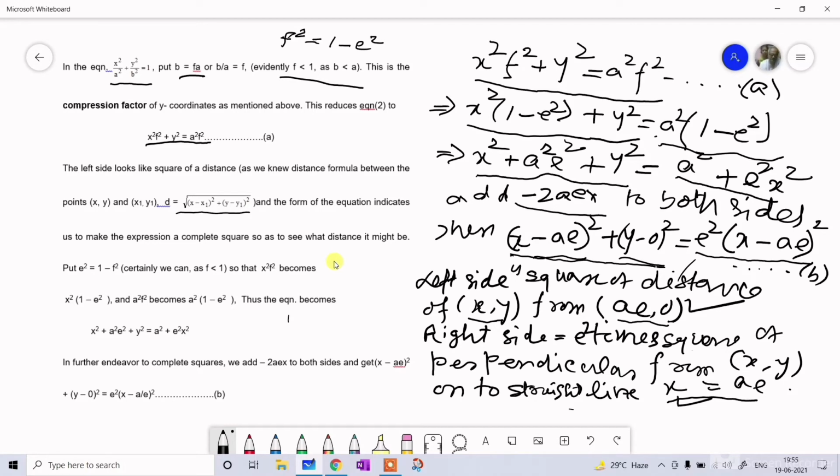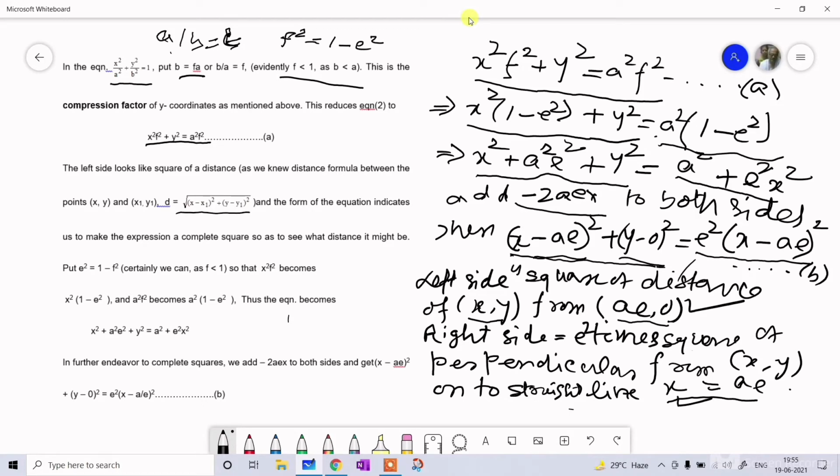If b is greater than a, instead of b by a you take a by b, and the same thing will repeat.